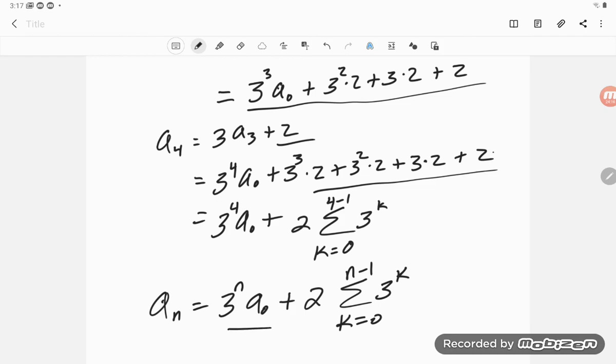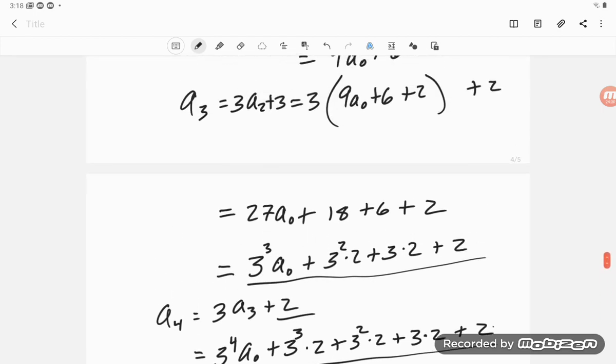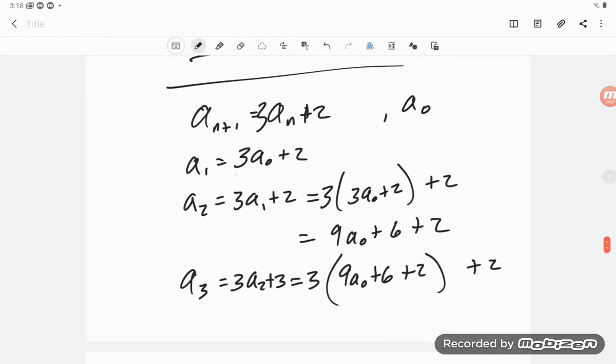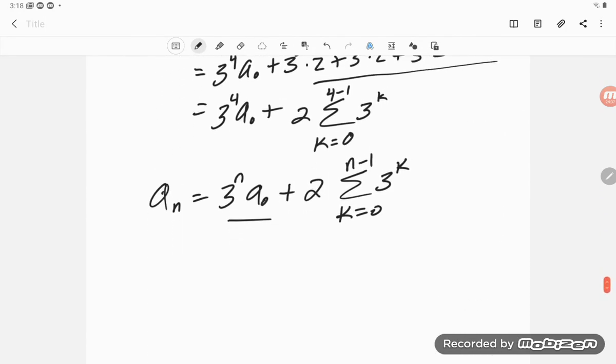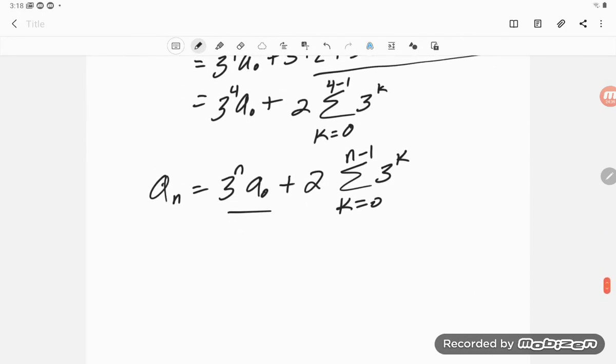But I can get these in terms of a0. Now, it's not always easy to get that. When you think about it, this is a relatively complicated looking thing. And heck, my recurrence relation was simply multiply by 3 and then add 2. Right? And so when I get this in terms of a0, it starts looking kind of complicated. Okay, but that is what a recurrence relationship is.